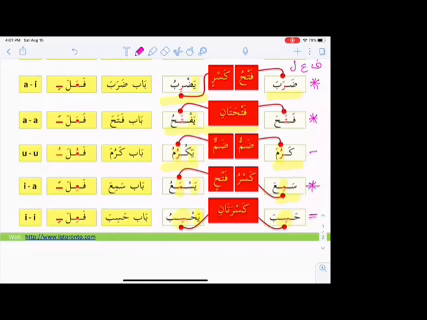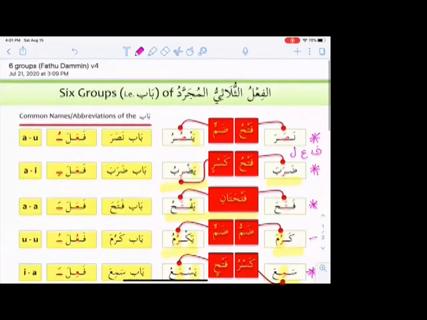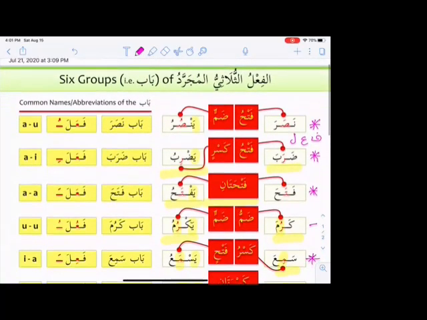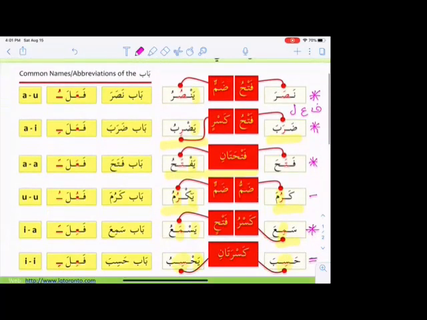Huwa daraba, huwa nasara, huwa fataha. To me, this is very special. When you say huwa, I can only think of one thing, huwa Allahu. Huwa just points me to Allah. Huwa Allahu.